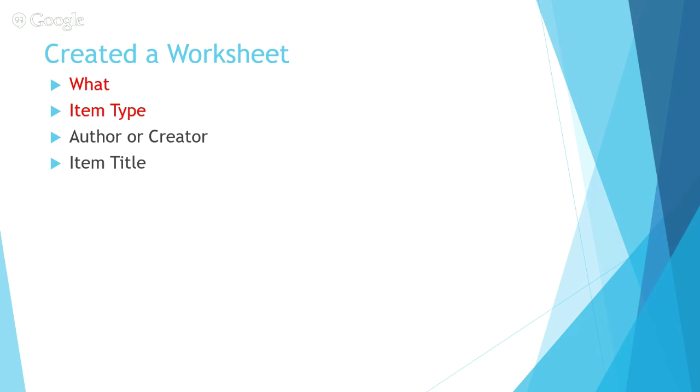The next thing is the item title. And I'll talk a little bit more about what item title means in a moment, but that's how it was designated, and that's how I put it in my spreadsheet. The next column was item type, like a database or an image. What is it? I have the title of it. Now, what is it that I'm looking at?